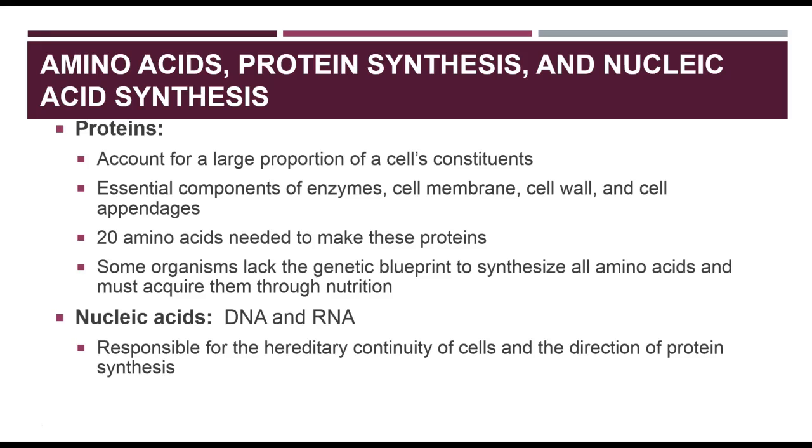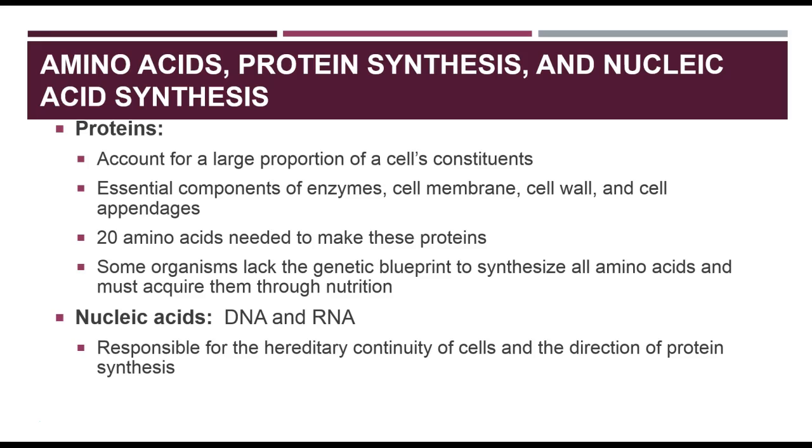Our other biological molecules are proteins and nucleic acids. Proteins account for a very large proportion of the component parts of a cell. They are the essential components of enzymes. They also are found throughout cell membranes, cell walls, and they form the appendages of cells.